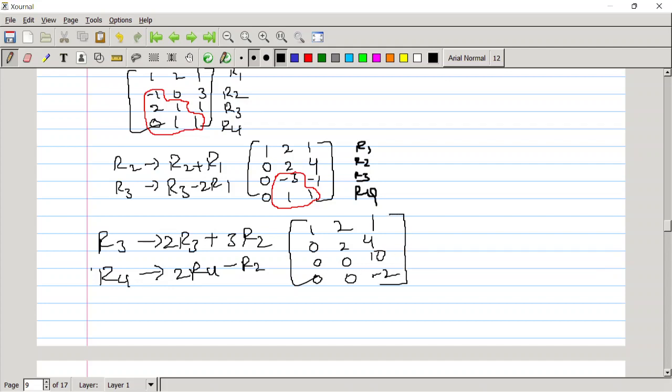So we still have to make this element minus 2 as 0. For this I am just using R3.